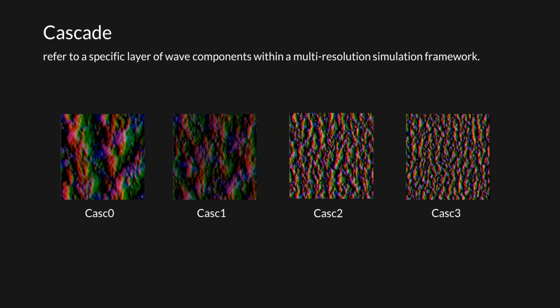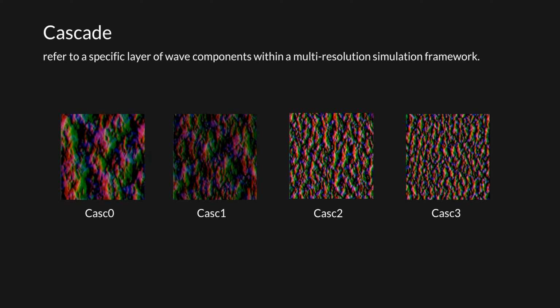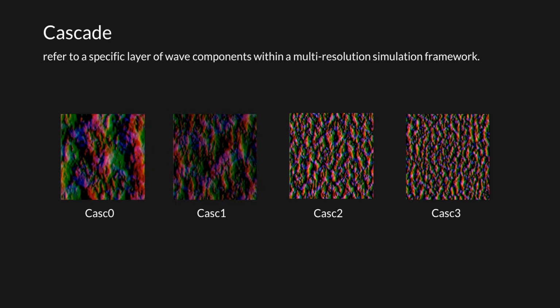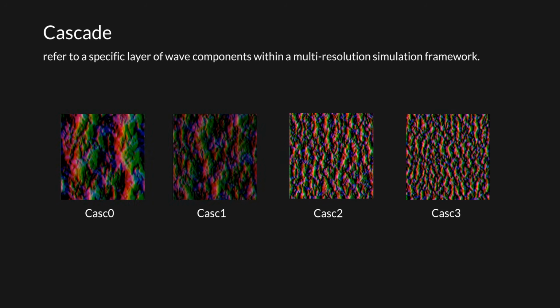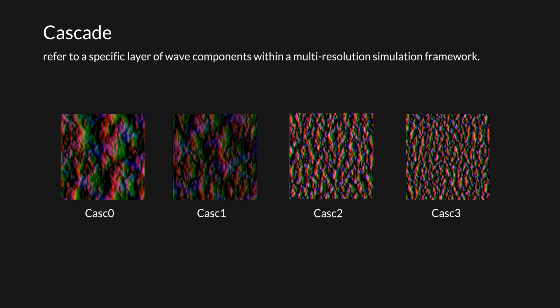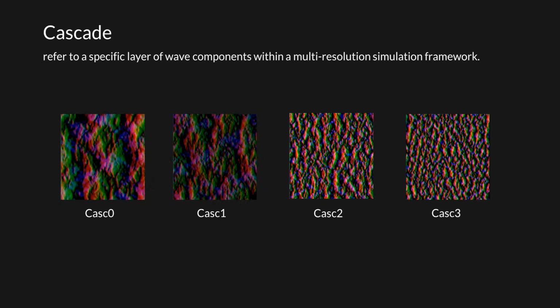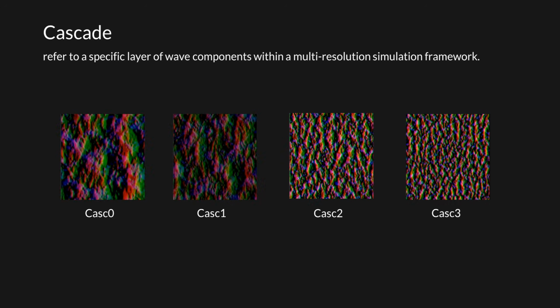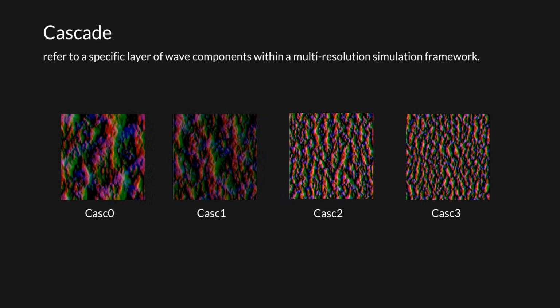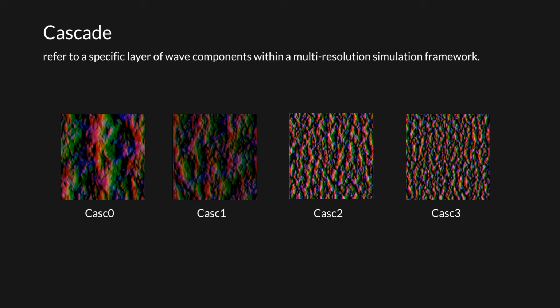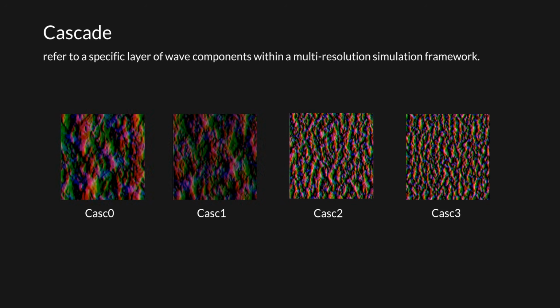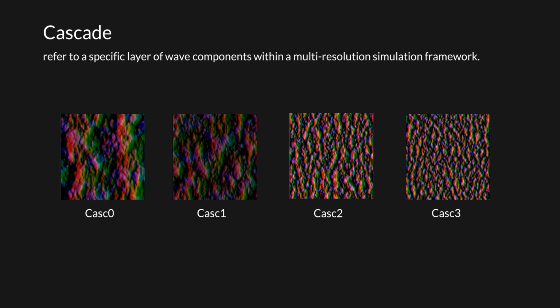This tutorial uses 4 cascades, named from Cascade 0 to Cascade 3. The idea is to simulate larger scale features separately from smaller scale details. By combining these distinct simulations, we get a realistic representation of the overall ocean surface.